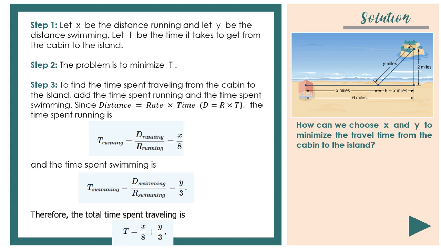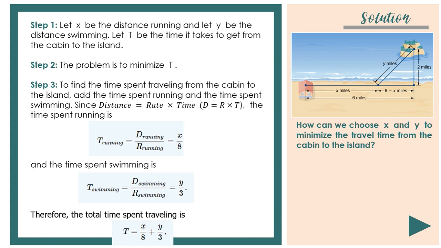So to find the time spent from the cabin to the island, add the time spent running and the time spent swimming. So take note, based on your sciences nga subject, the distance is equals to your rate multiplied by the time. So ang time naton for nga i-consider para sa dalagan or sa running will be equal to the distance nga idalagano niya divided by sa iyang rate.